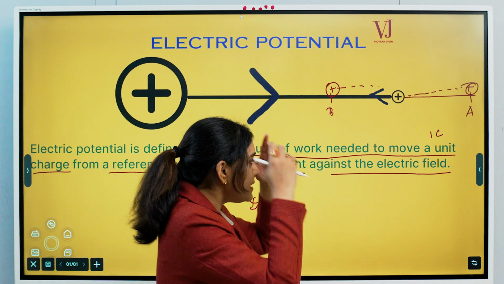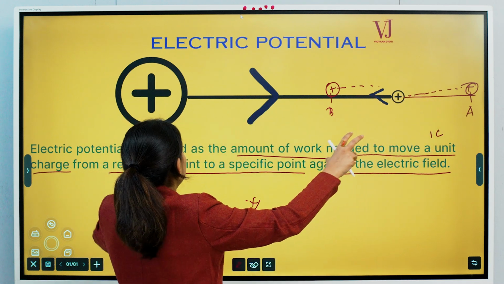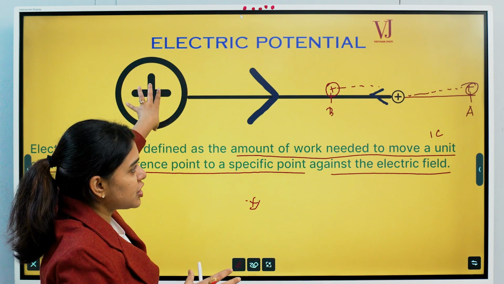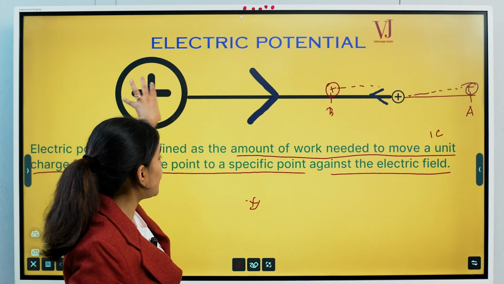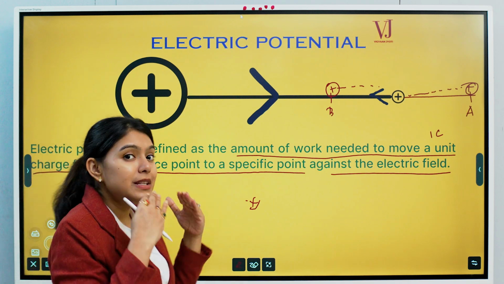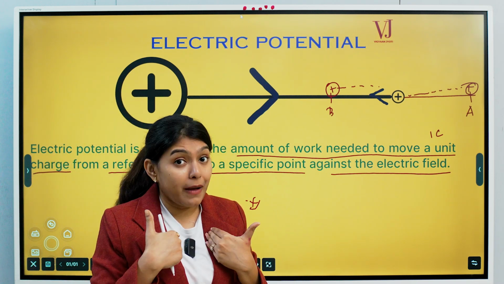In the same way, when we are trying to bring this unit positively charged particle near this charged particle, against the electrical lines of force of this charged particle, I am doing some work, and that is my electric potential.